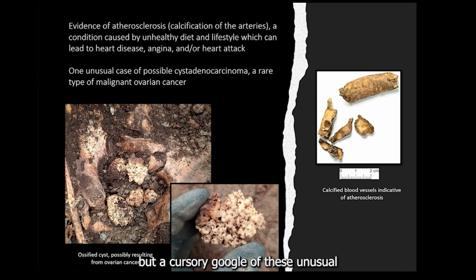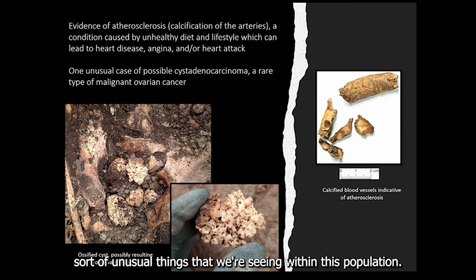But a cursory Google of these unusual popcorn-looking things suggests that this actually might be a really unusual type of malignant ovarian cancer. And I mean, nobody working in our laboratory has seen this before. So we're going to have to do a little bit more research on this. But I think this just gives you an idea of the sort of unusual things that we're seeing within this population.